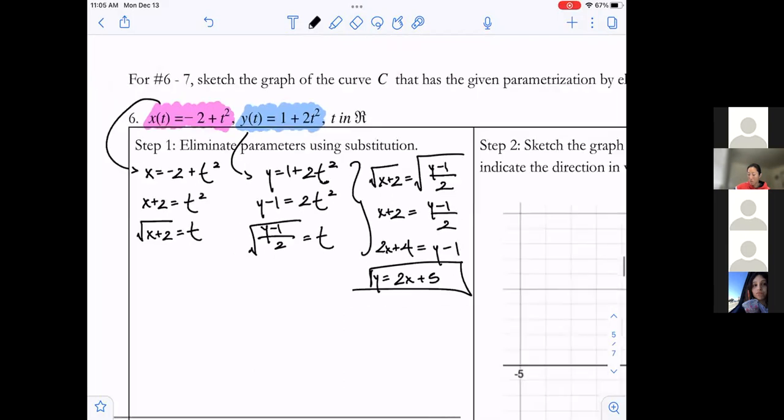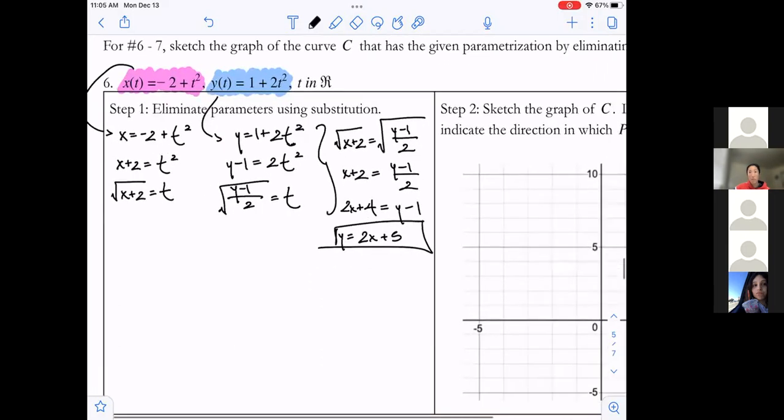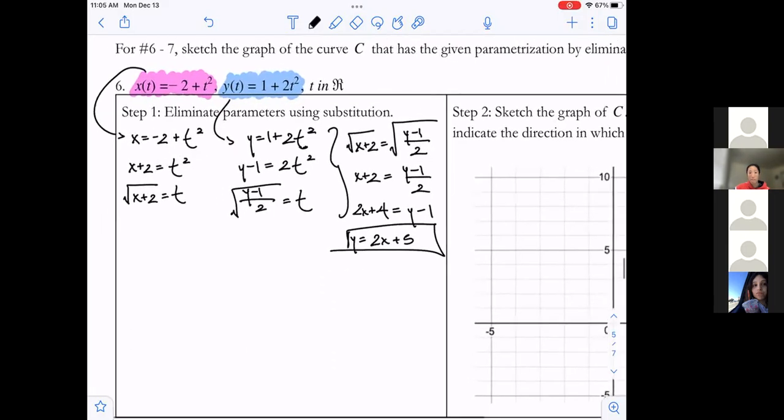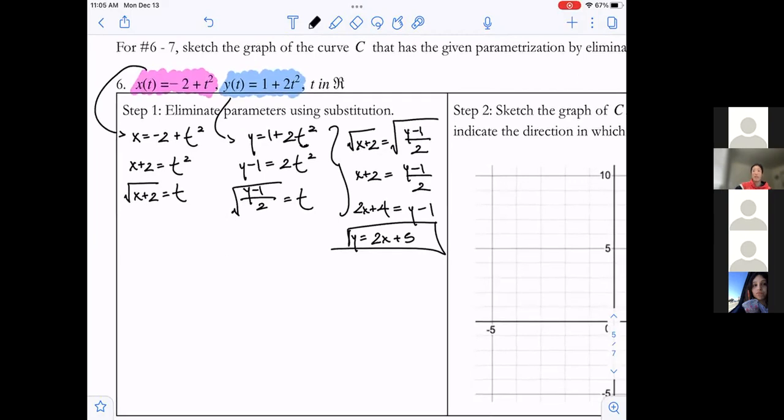Okay. Looks like we get a line, right? That's familiar to us. Now, I would say that there is, again, nothing mathematically wrong with what we've shown here. Everything is mathematically accurate.